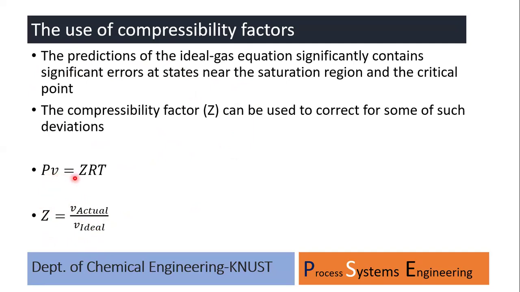So we can say that PV is equal to ZRT. So this Z here, if we put V actual over V ideal in here, right, then it means it is going to give us the properties for the real gas that we are considering. Is that okay?